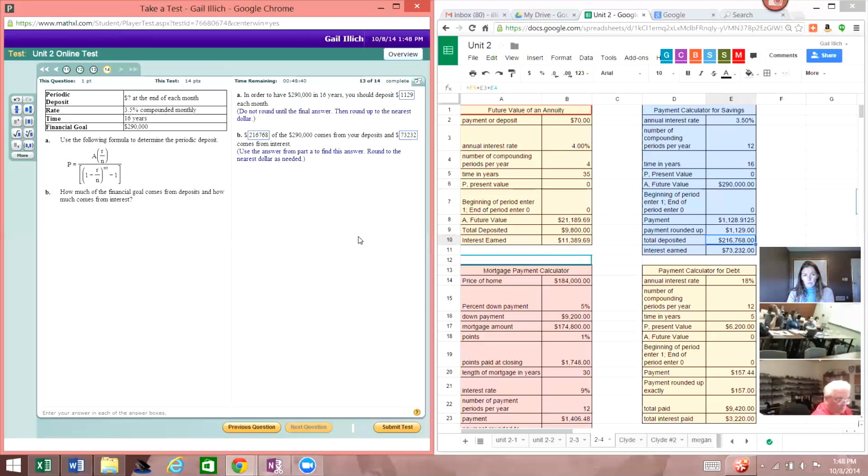Think about making a monthly payment to yourself, because for 16 years, it's a lot of money to find $1,129 every month to invest, but you would have $290,000 at the end of 16 years, and 73,000 of it would have come from just interest. So that's pretty substantial. So remember to pay yourself when you get that big job, or even before.